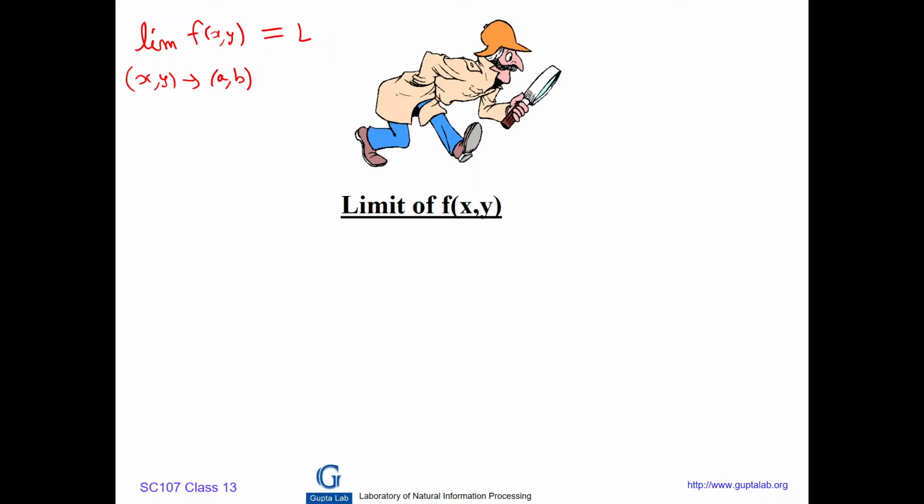Now rather than x tending towards a, we have a typical generic point x comma y approaching a fixed point a comma b. If this limit is L, then we say the limit exists. But how do we define the limit now? Your favorite friend epsilon delta will come into the picture.